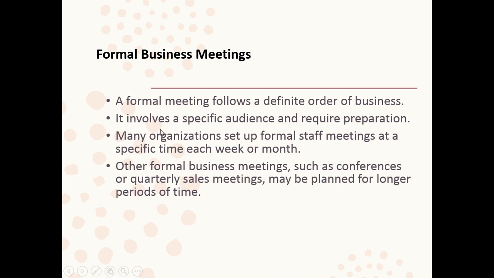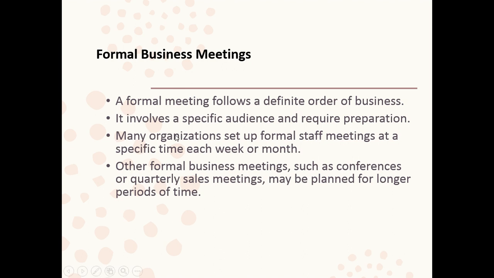Okay, it involves a specific audience and requires preparation. So a formal business meeting involves a specific audience, which is, we have already assigned who should attend the meeting, and it requires preparation. It could be preparation of the document, preparation of equipment needed during the meeting, preparation for the refreshment.